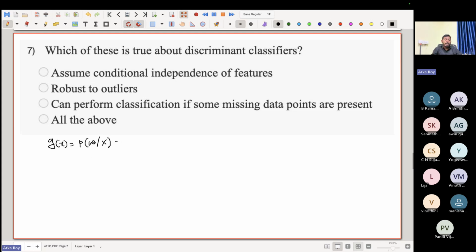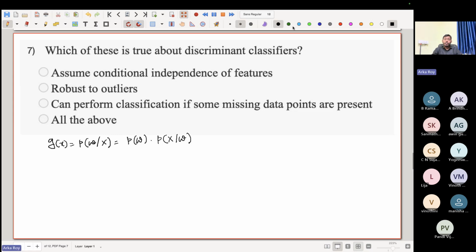I can write it as P of omega, the prior probability of a particular class, multiplied by P of x given omega, the class conditional density. There is a denominator term as well, but it is just a scaling factor, so we removed it because it does not play any role in classification.